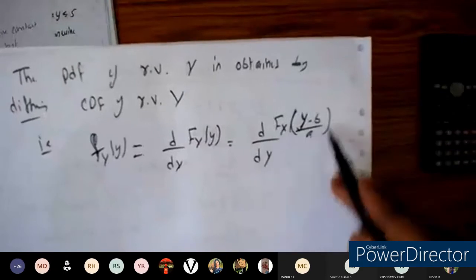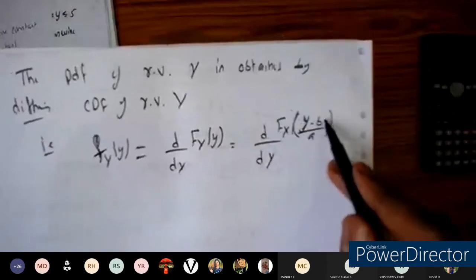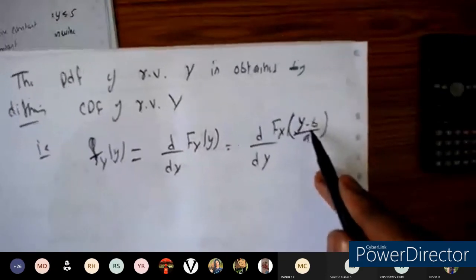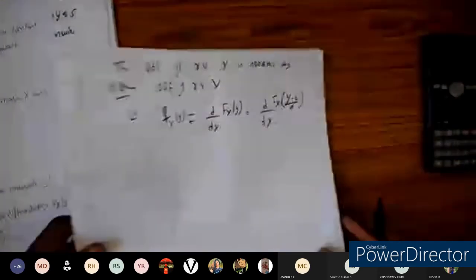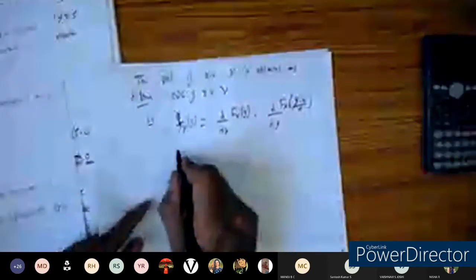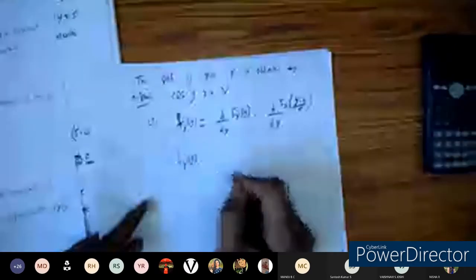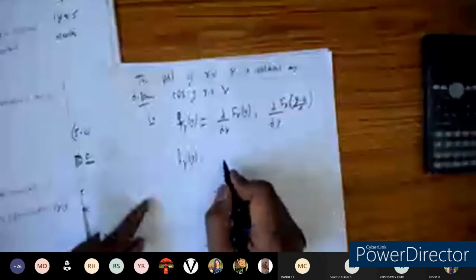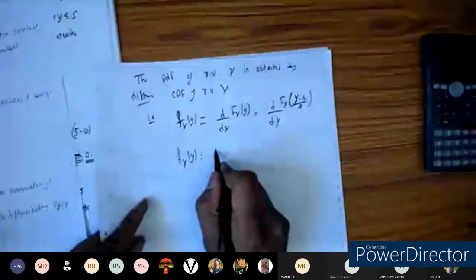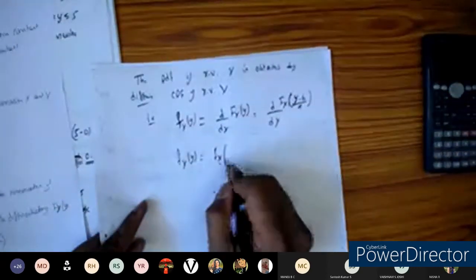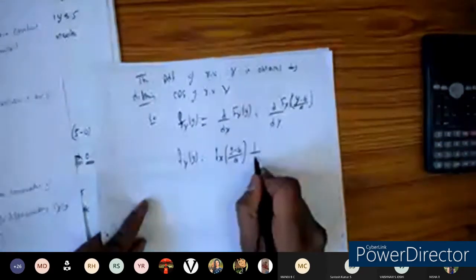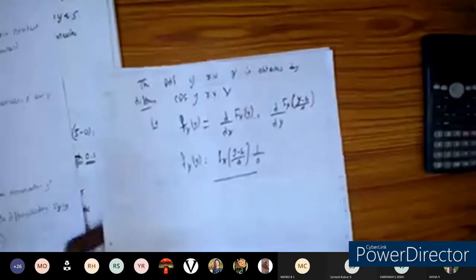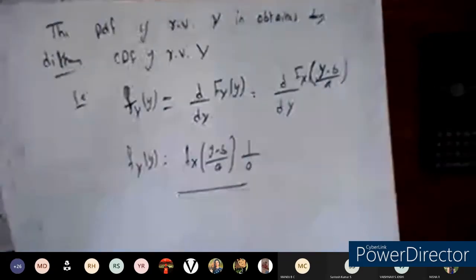If I differentiate (y minus b) by a, the differentiation of y is 1, and the remaining constant is 1 by a. So we will get the PDF of X, f_X, multiplied by 1 by a. Okay, so you can see.